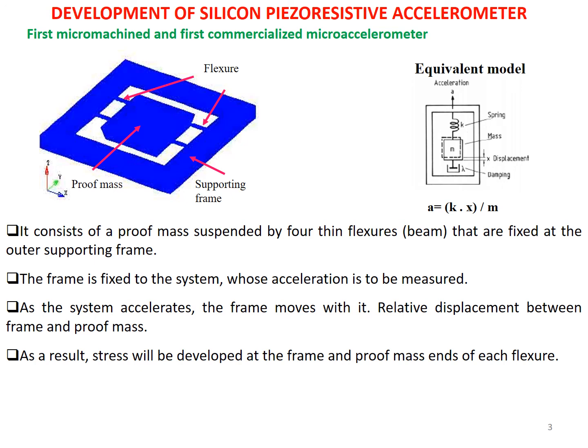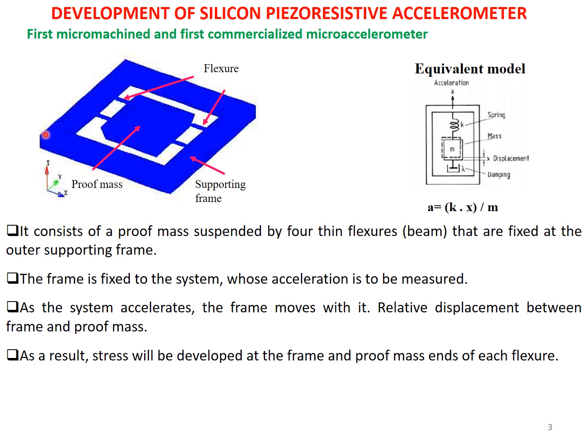But generally the designs which are preferable for this type of piezoresistive accelerometer are of this type. That's why we have chosen this particular configuration to analyze the details of this piezoresistive accelerometer, right? So what we can see, what it includes.